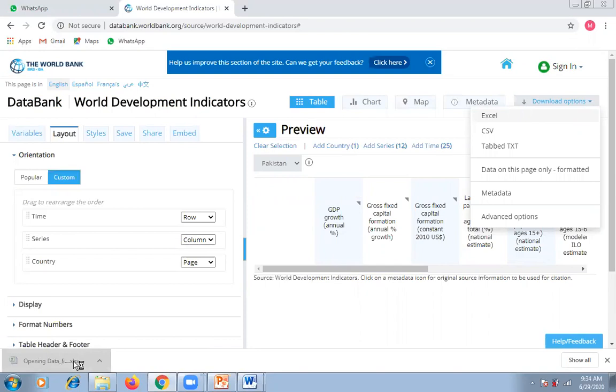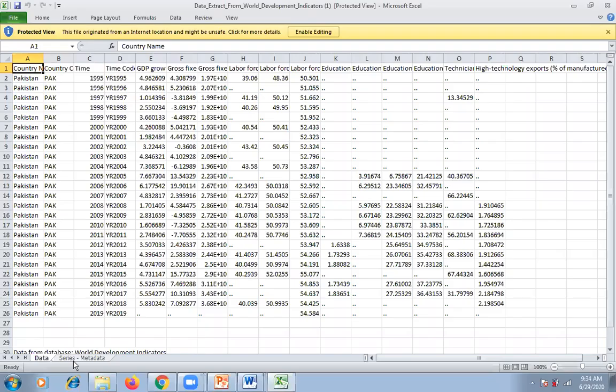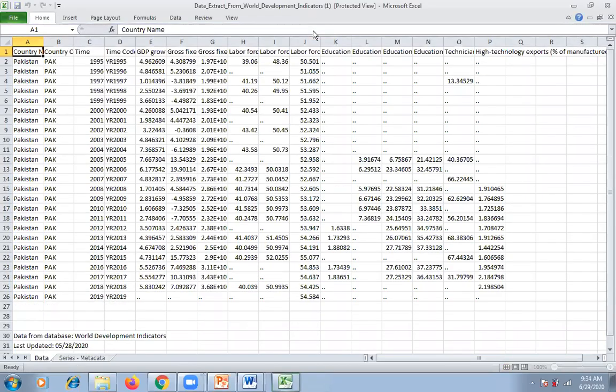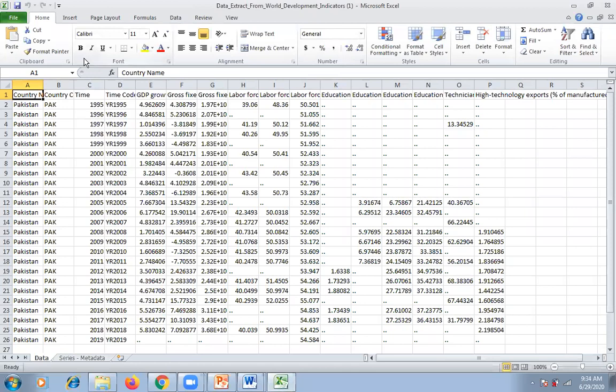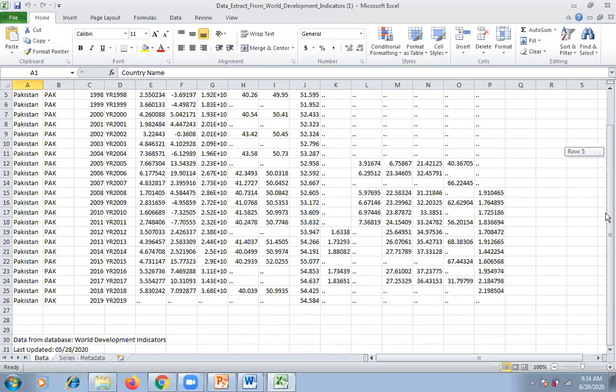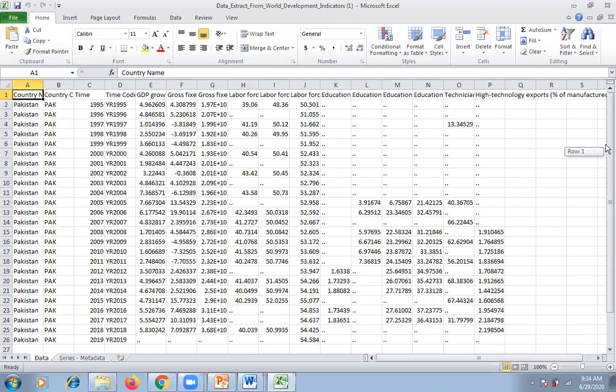We have completed downloading, enable editing. Scrolling forward, you can see the data is skipping. That data is not available for many variables. Even education data is not available for many years. But we can adjust this data.